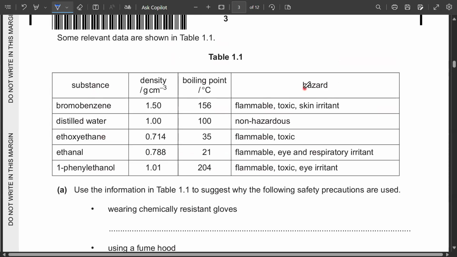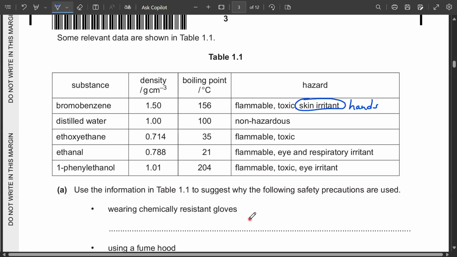In this table, we see the hazards are mentioned for the different chemicals. Definitely, the gloves are worn on the hands, which means we have to see those hazards which may attack our hands. So we find this particular hazard, which is harmful for our hands.